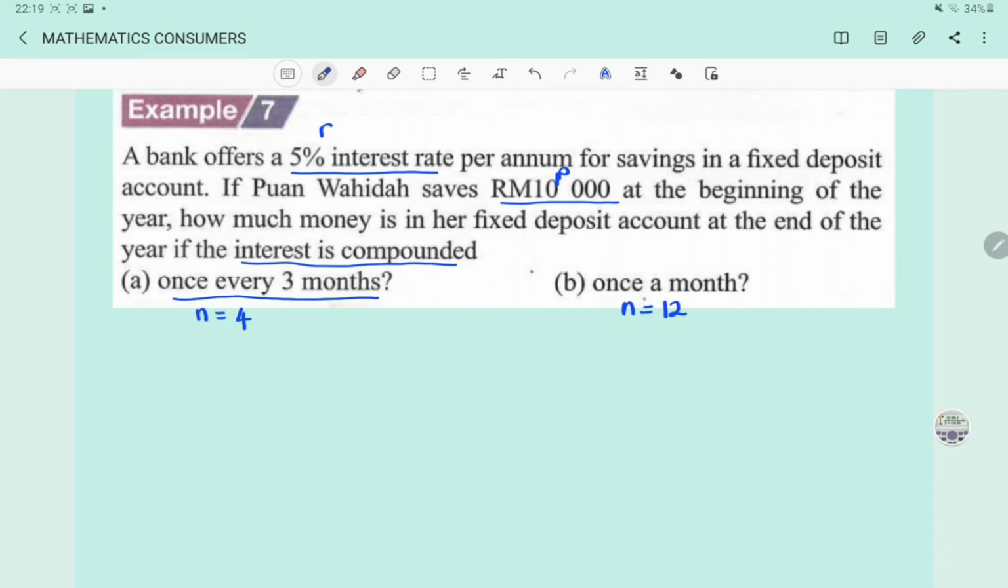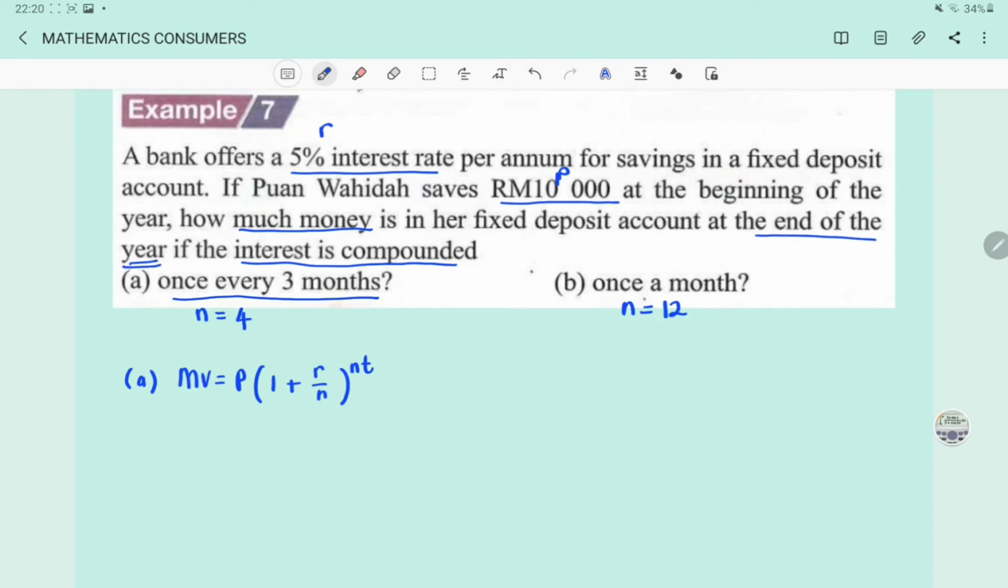So you answer question A. The formula is MV equals P (1 plus R over N) to the power of NT. What is the value of T? This question asks how much money is in her fixed deposit account at the end of the year.